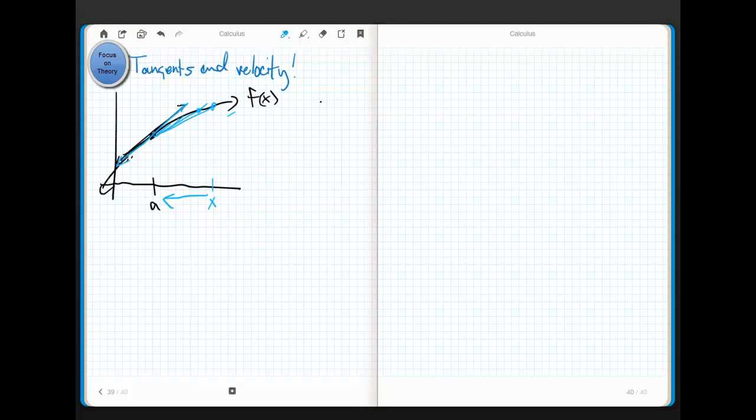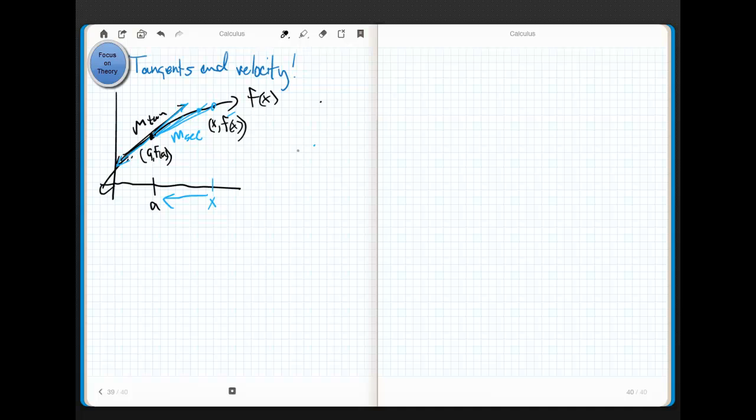If I'm trying to figure out what the slope of this tangent line is, I start with the slope of the secant line, that's what this guy is, and I want to finish with the slope of the tangent line. Well, if we remember that whole difference quotient that we talked about before, I know that this point right here is a comma f of a, and this point up here is x comma f of x.